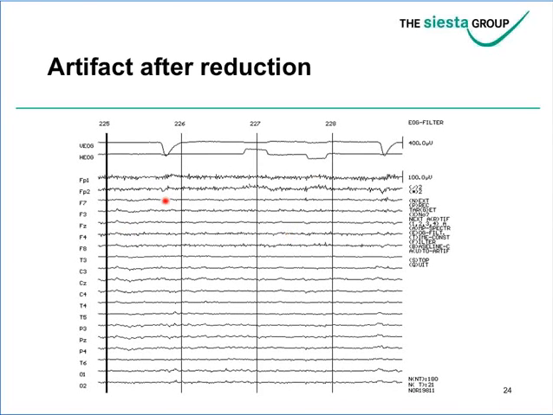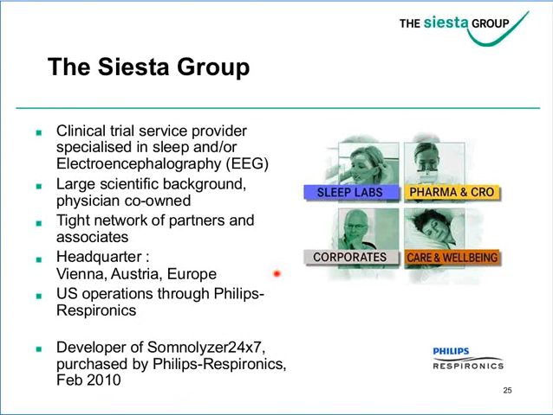So ideally, you would like to remove those artifacts and just analyze the pure cerebral EEG activity, free from such artifacts. It's just an example with respect to how important data quality is.